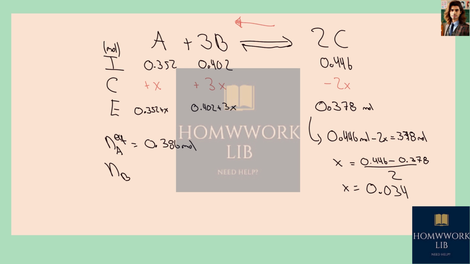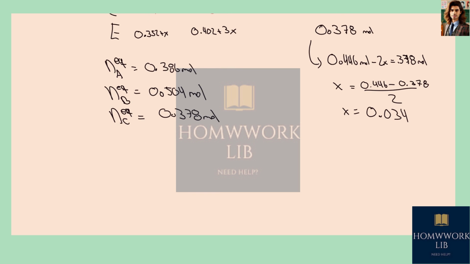The amount of mole of B at equilibrium is going to be 0.034 times 3 plus 0.402, which gives us 0.504 mole of B, and the equilibrium amount of mole for C is the one that was given to us in the problem. With this, we have already solved part A of the problem.